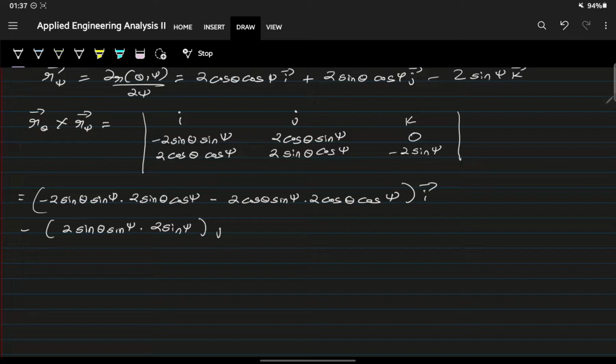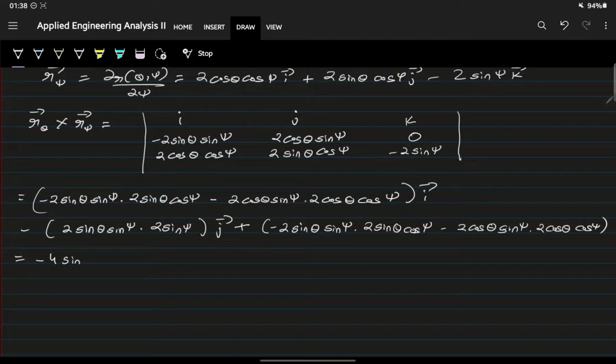Times 0, so 1 for k. Phi, this is minus 4 sine square.